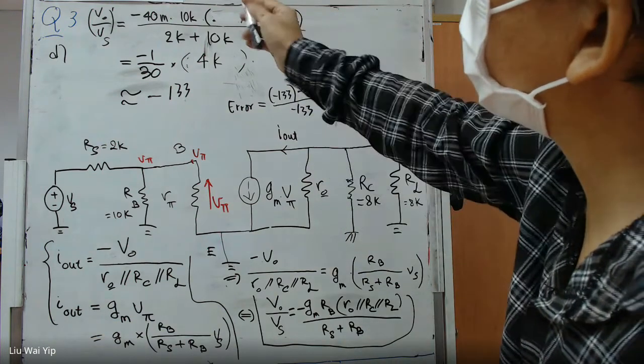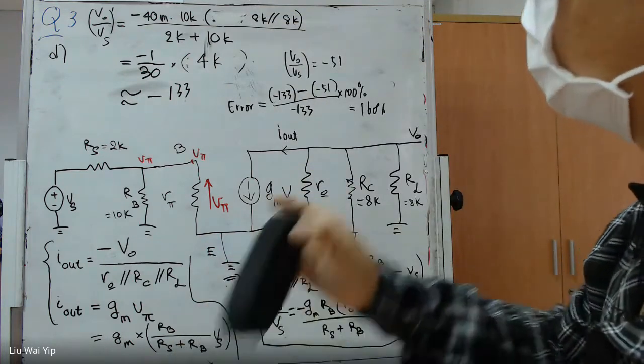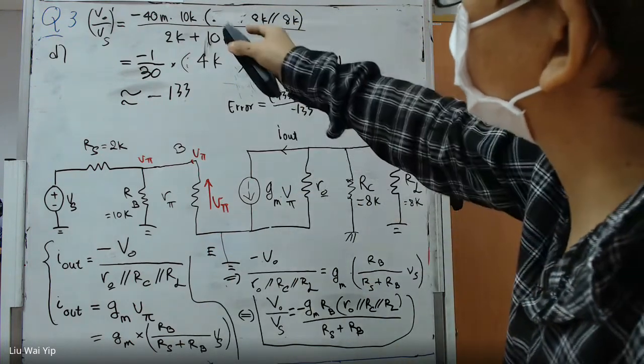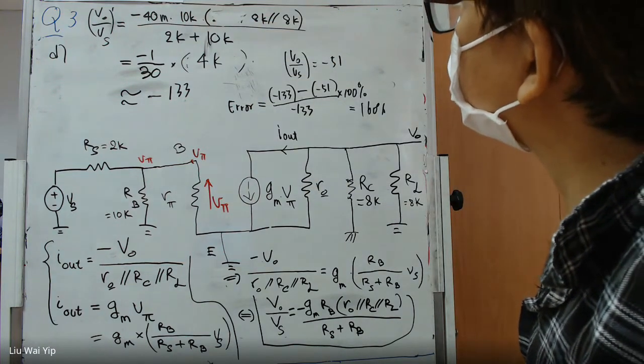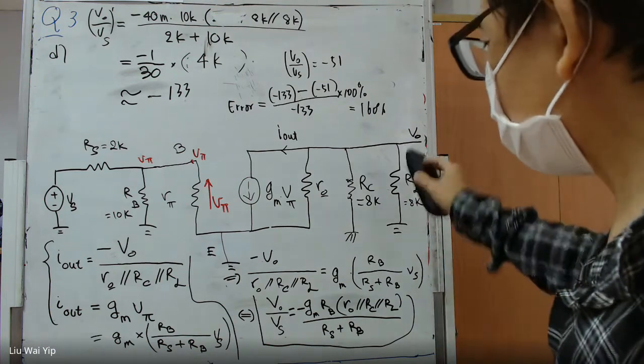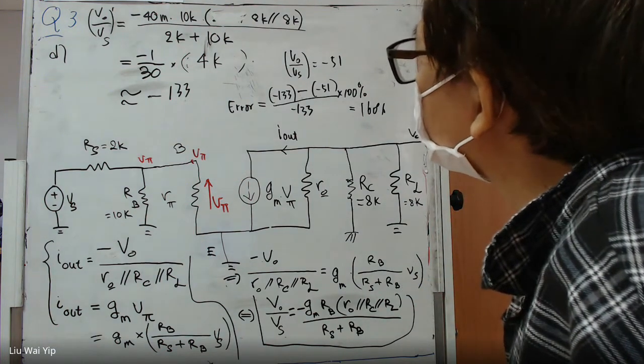And for the error, really, I don't know. The voltage gain is supposed to be minus 8. I just don't see why the difference is so large.